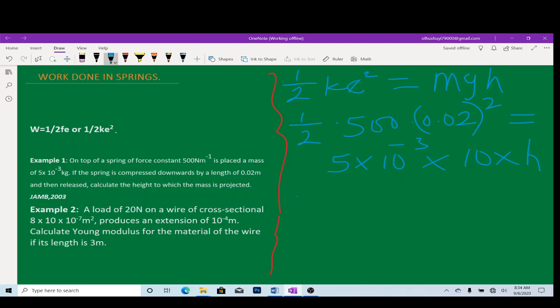Then times 250. That will give you 0.1. So we have the 0.1 being equal to this: 5 times 10 raised to the power minus 3 times 10 will give you 5 times 10 raised to the power minus 2, reducing the power by 1. Then times h. So your h is equal to 0.1 divided by 0.05. And that should be equal to what?